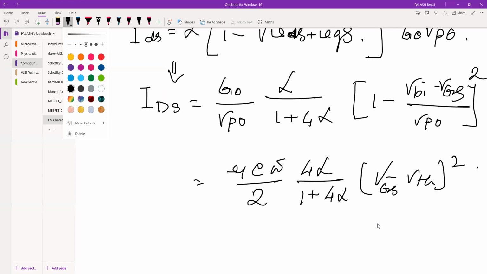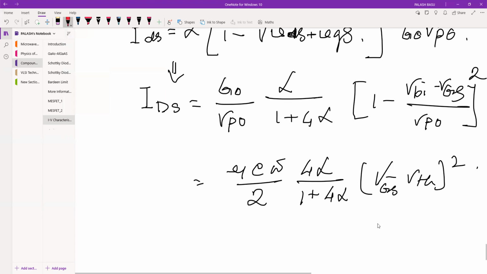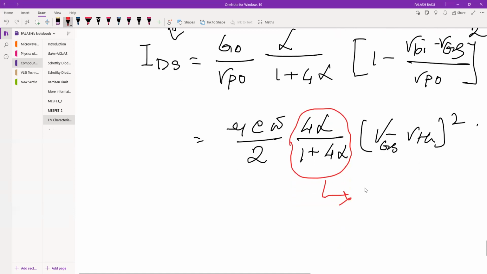What is important is that in the earlier case we don't have this component, but now we have the modified case. This component, sometimes people represent it as beta, beta 0 also. So this actually controls whether it is a short channel or long channel.